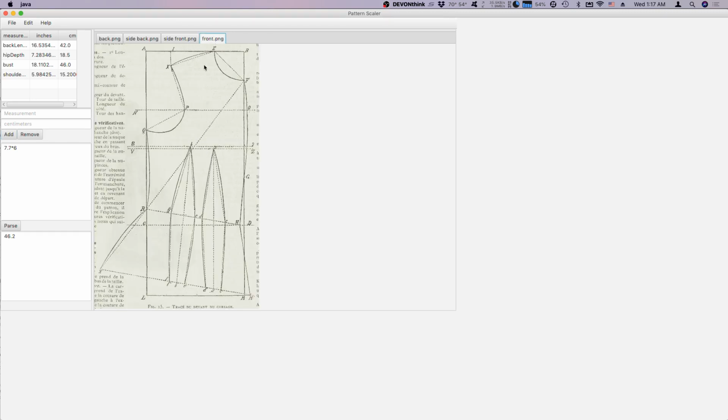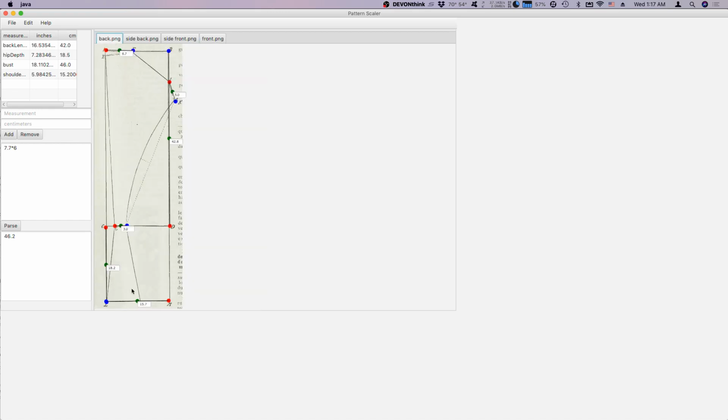So the next step is to go to the front piece and measure A through B. Now, as you can probably imagine, this is quite high. This hasn't been scaled yet.